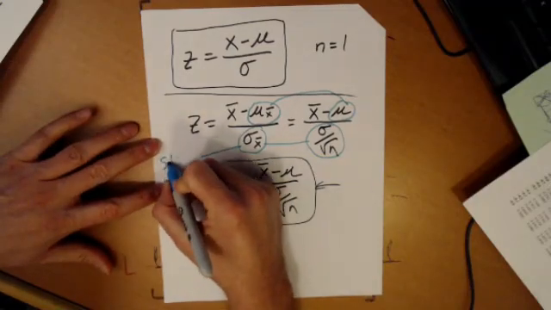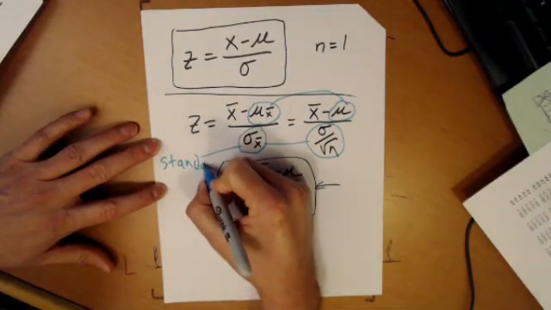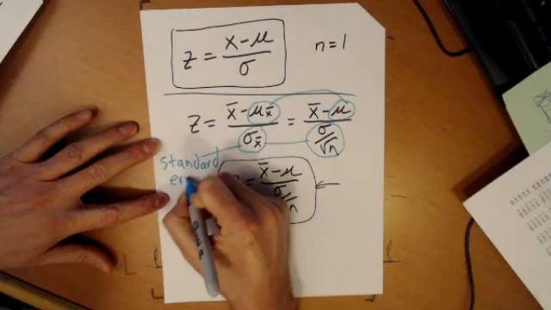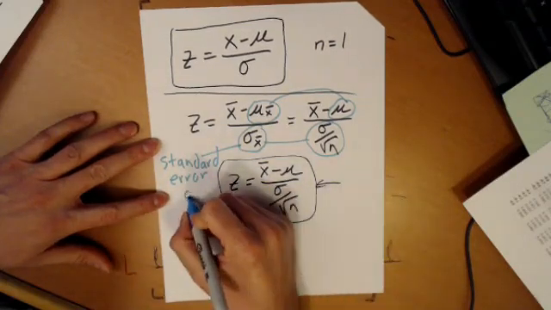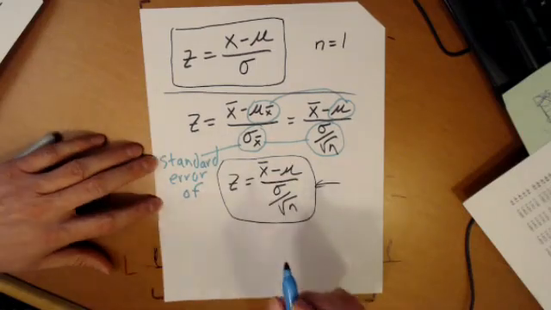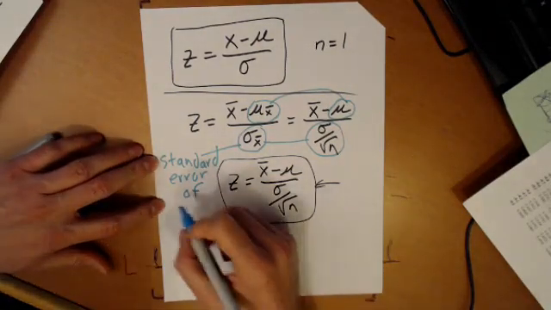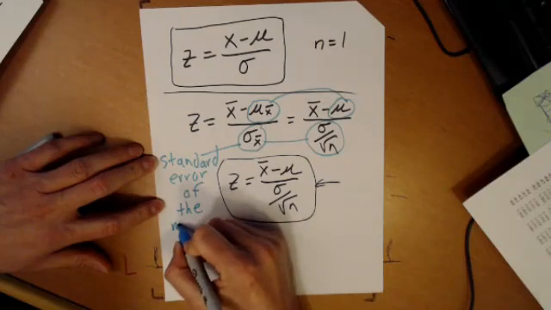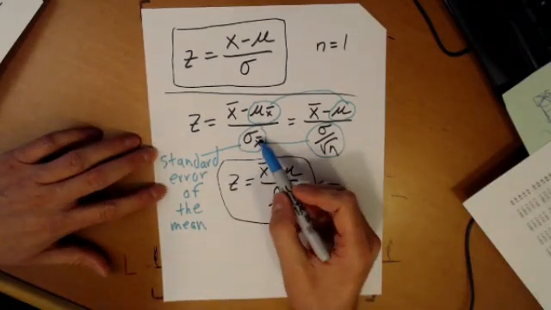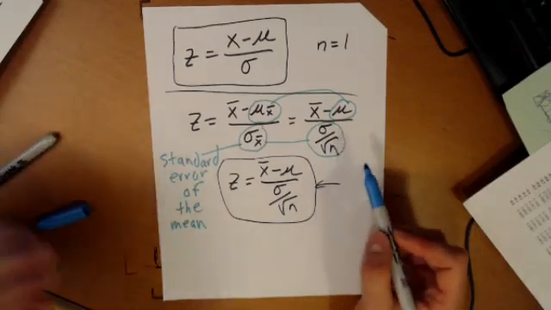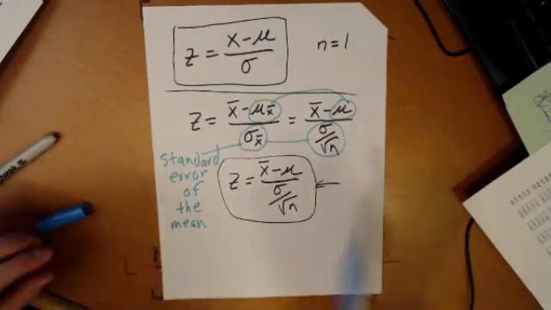They like to give everything a complicated name. Standard error. I hate that they use the word error because it sounds like a mistake. I'd say they should have come up with a better name, but they didn't. Standard error of the mean. I like to just call it, what's our new standard deviation? Oh, it's sigma over root n. Oh, okay. You mean because I need to account for sample size? Yes.